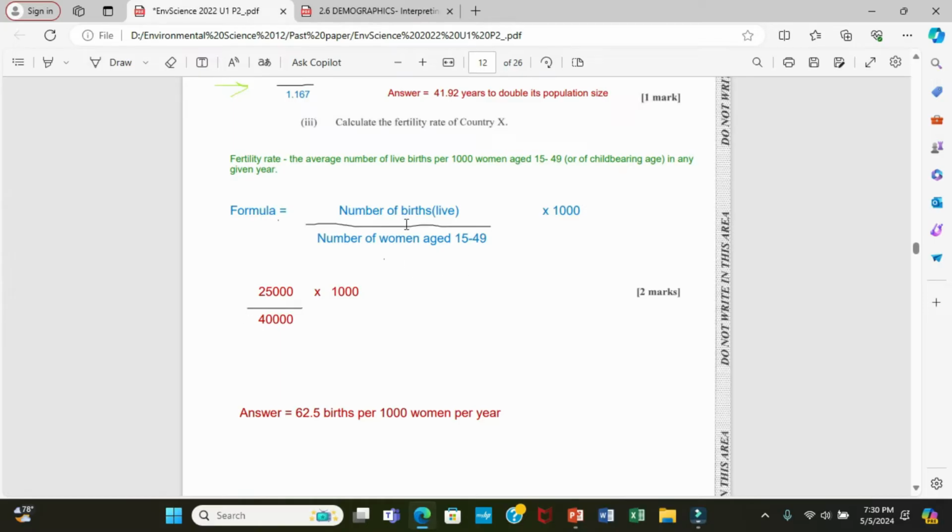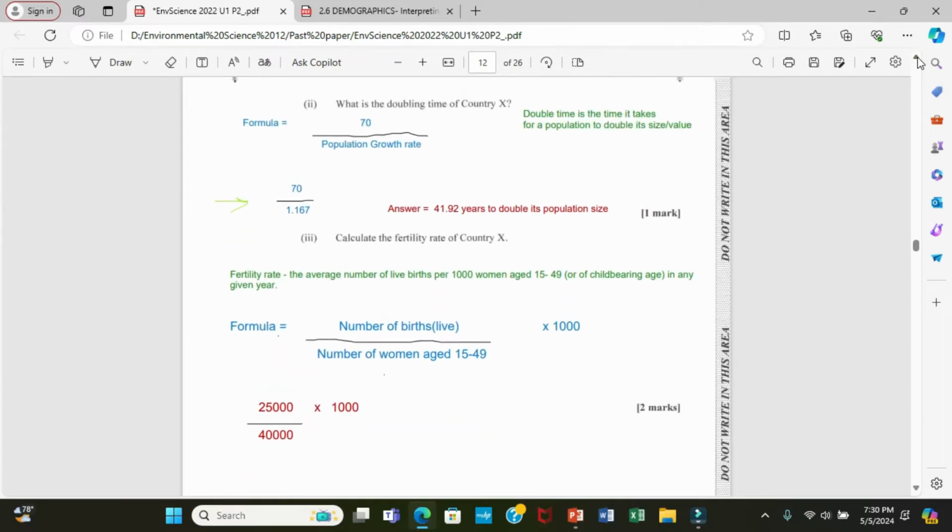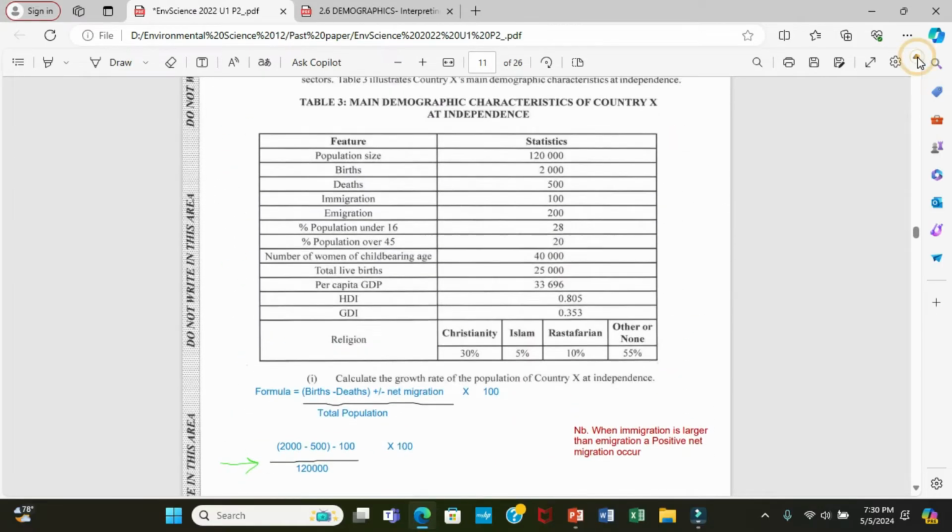All right. So we go up and plug the numbers into the formula. The number of live births according to the data, the total live births here, is 25,000, and the number of women of childbearing age is 40,000.